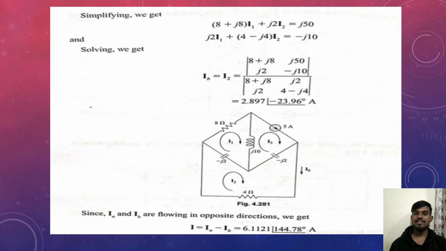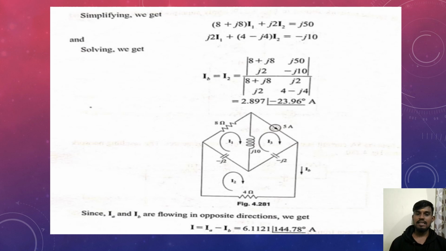Simplifying, we get 8 plus J8 I1 plus J2 I2 is equal to J50, and J2 I1 plus 4 minus J4 of I2 is equal to J10.